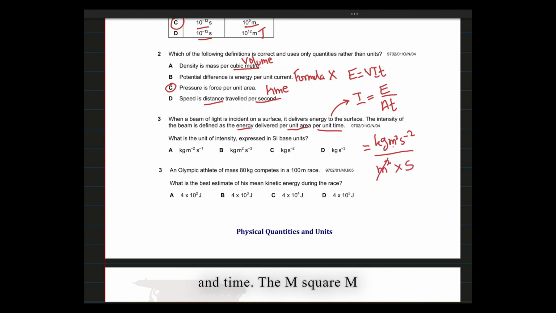So m square would be cancelled out, s would go above, and it would be one subtract. So kg, oh sorry, it would be added, my mistake, it would be added and we would get answer D.